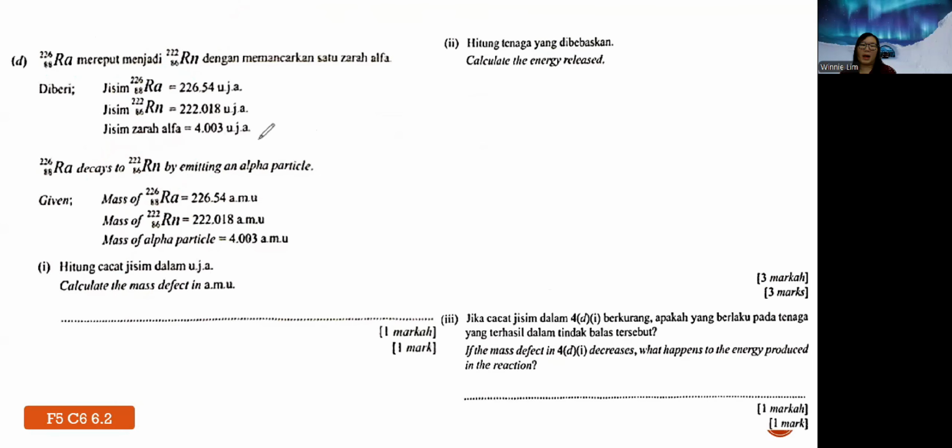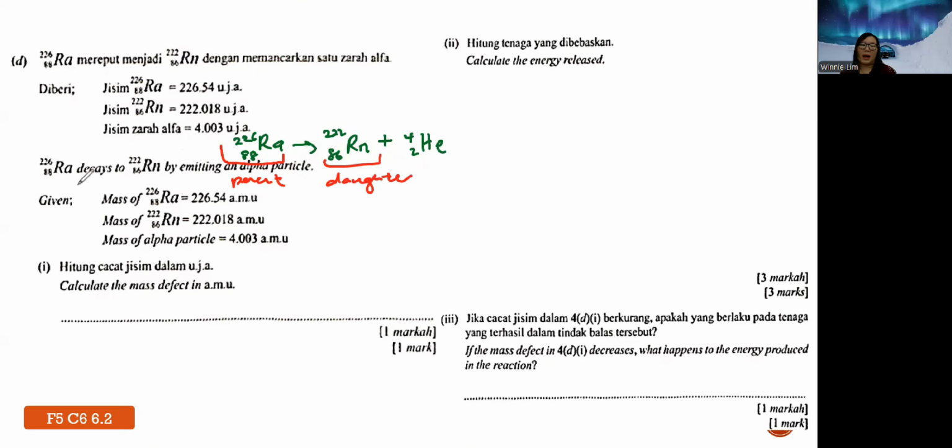Ra-226, 88, will become radon-222, 86, by emitting alpha, which is He, 4, 2. The idea is this is called the parent nuclide, and this one is the daughter.